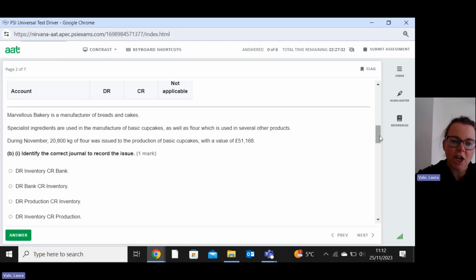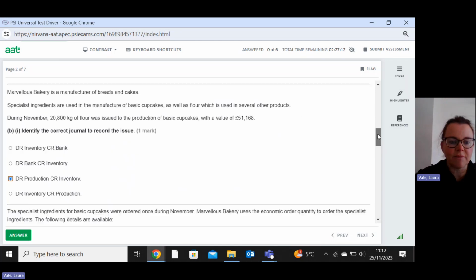Identify the correct journal to record the issue. Right, so this time materials are leaving inventory, so it must be credit inventory. It's nothing to do with the bank. We're issuing it to production, so it must be debit production, credit inventory.